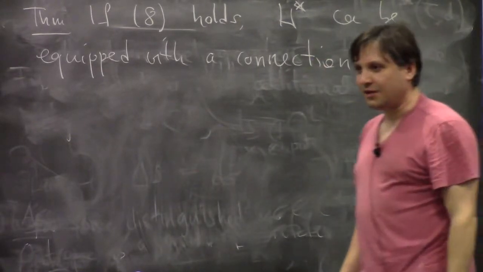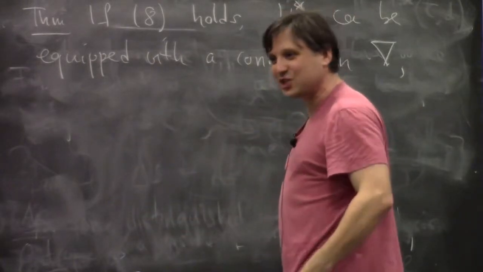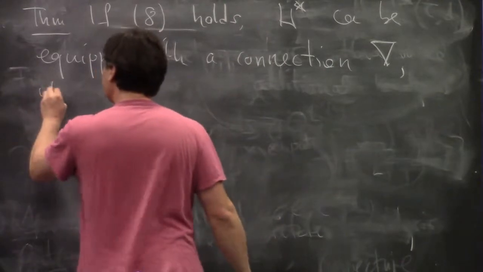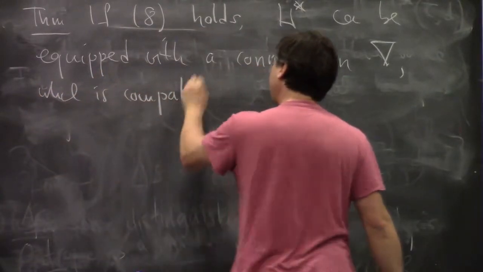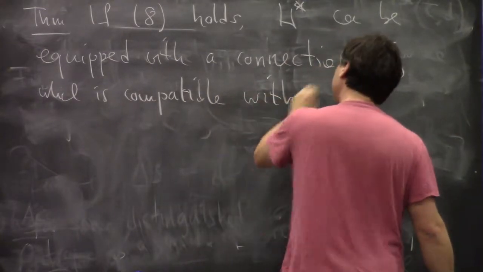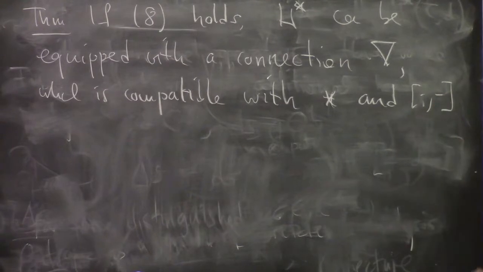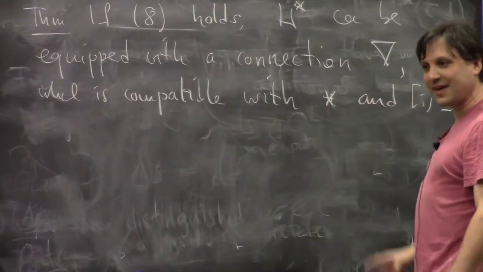Okay. Now you're not surprised because, as I said before, S is the obstruction to that. So if S vanishes, you better have a connection. Okay. So which is compatible with the product and the bracket.